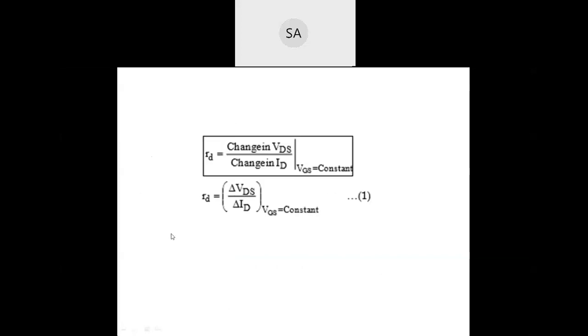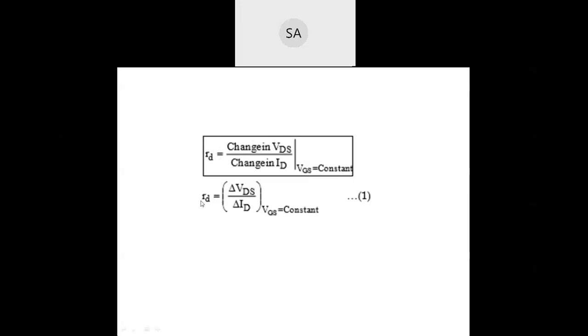This is the equation for the drain resistance: the change in VDS to the change in ID by keeping VGS constant. The drain resistance is defined as the ratio of change in the drain to source voltage to the change in the drain current by keeping VGS constant.